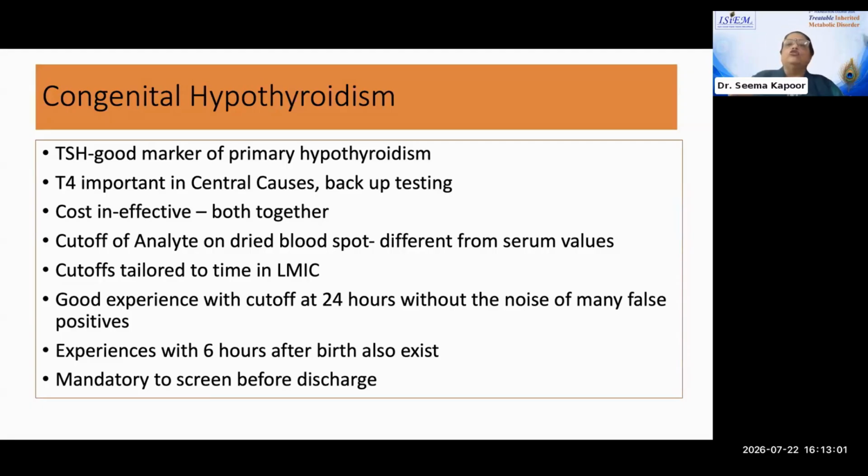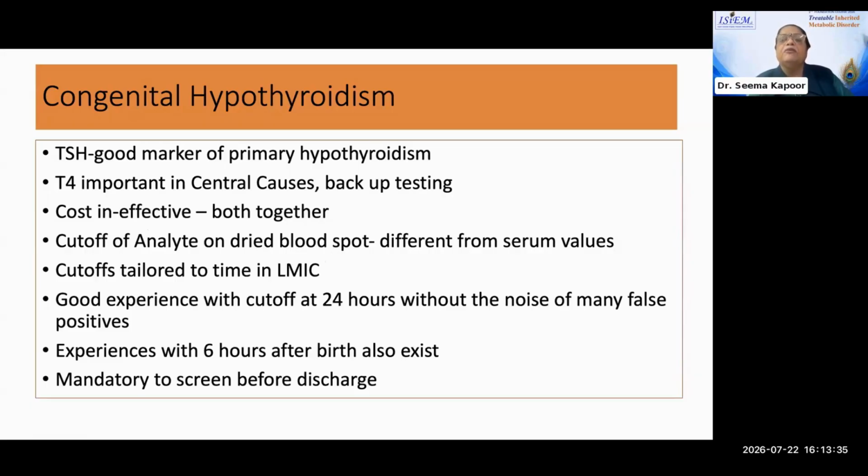It would be really good to use both together, but both together are not cost effective as yet for low middle income countries. Secondly, remember, we collect these samples on dried blood spot. All those of you who use a dried blood spot would understand that from the blood spot, you need the blood to elute. And from that eluate, you actually check the levels of the analyte.